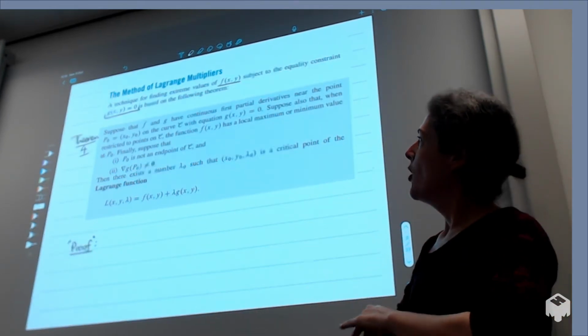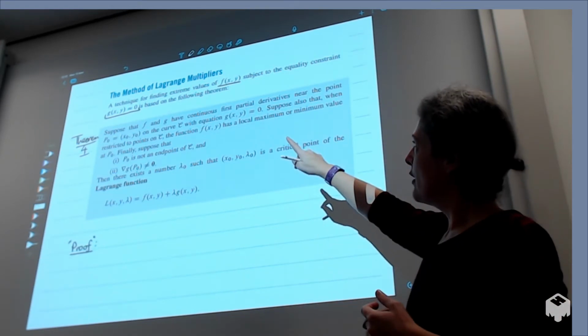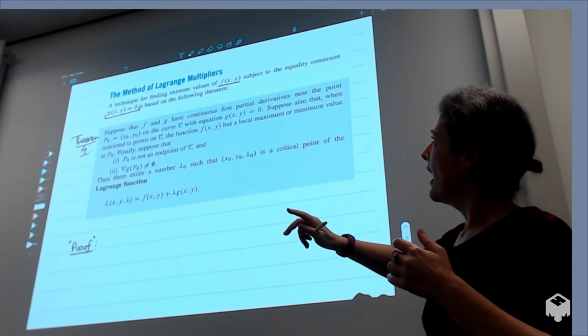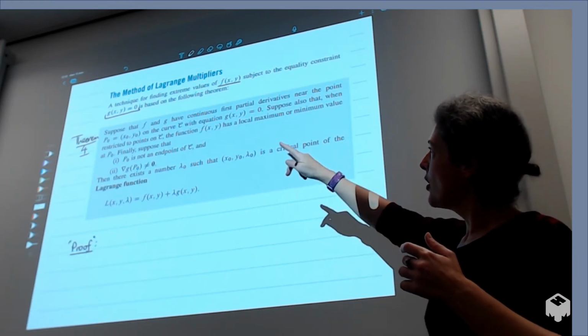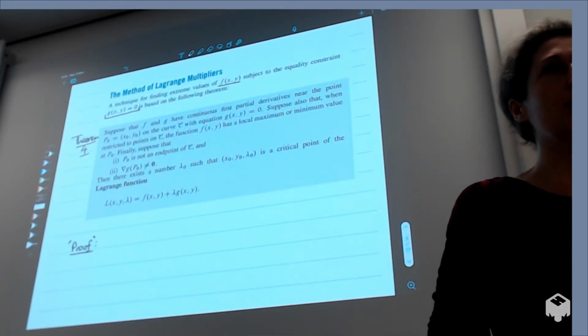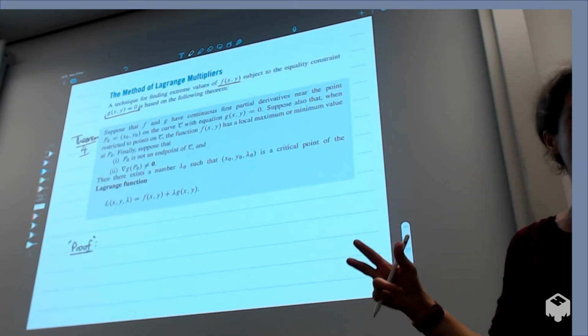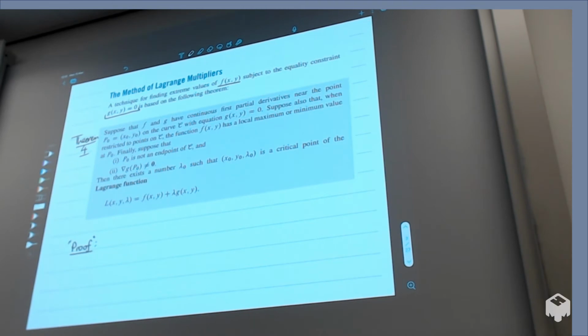What are our assumptions? We're going to suppose that f and g have continuous first partial derivatives, and on some particular level curve of g. So we're just assuming that these are nice, well-behaved functions, and remember that this is a level curve.